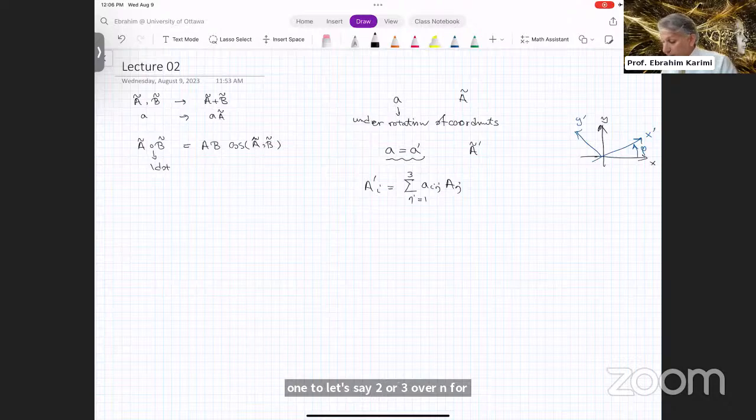Be careful with this definition, because we will use it to define the tensor, and that's extremely important.